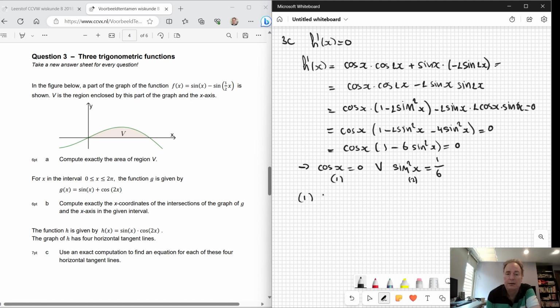What are the y values? So cosine of x is 0 means x is... let me see if I can put another unit circle.